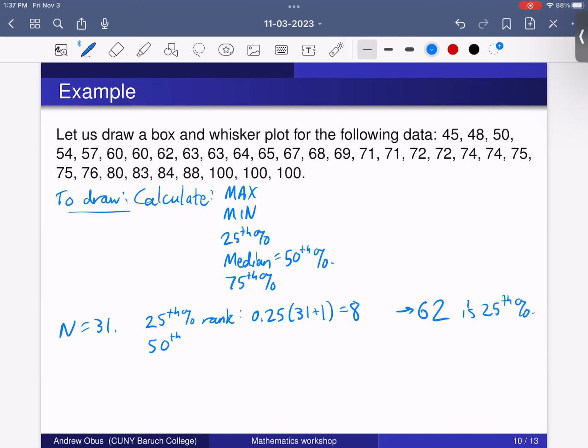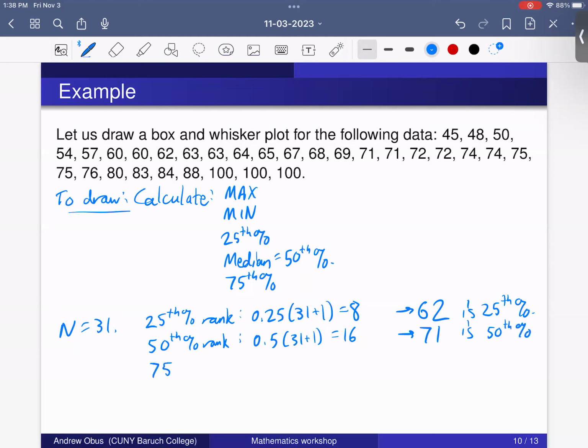Similarly, the 50th percentile rank, otherwise known as the median, is 0.5 times 31 plus 1, which is equal to 16. So we have to find the 16th entry: 1, 2, 3, 4, 5, 6, 7, 8, 9, 10, 11, 12, 13, 14, 15, 16. That's going to be 71. That's the 50th percentile.